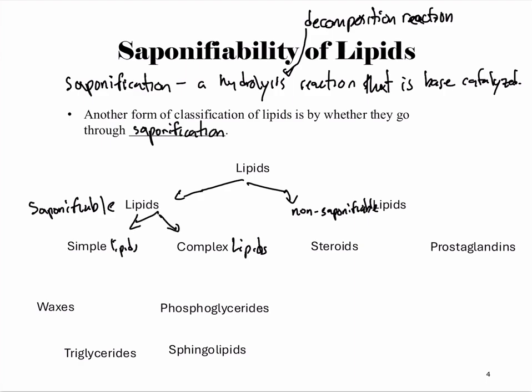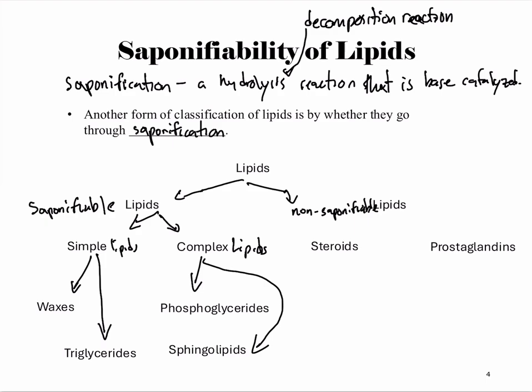Simple lipids get broken down into two categories, which are either waxes or triglycerides. Complex lipids, like phosphoglycerides or sphingolipids, are basically lipids that have other functional groups on them. The simple lipids are comprised of basically a carboxylic acid and a saturated or unsaturated non-polar tail.